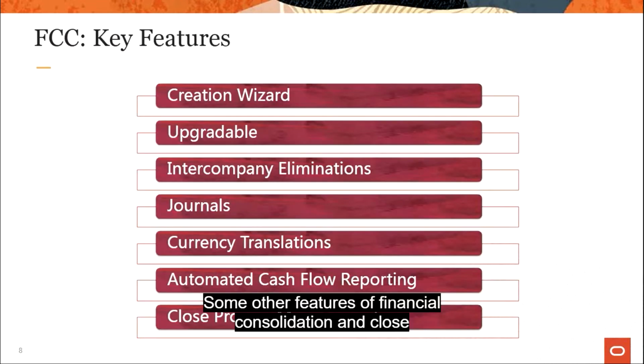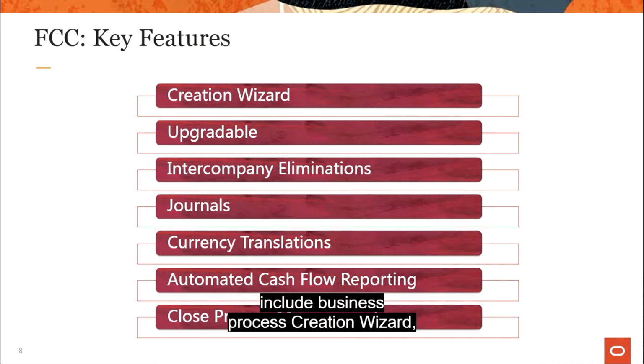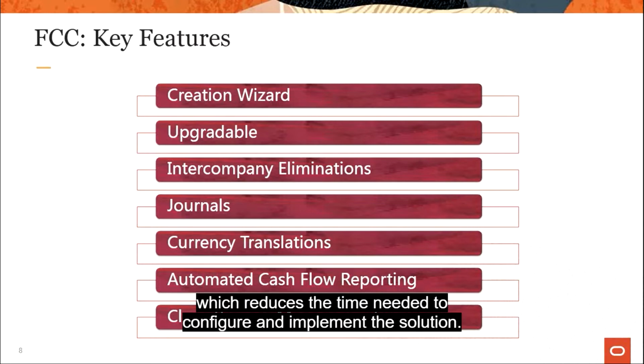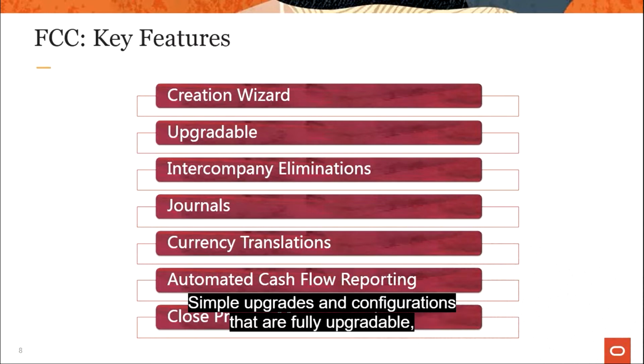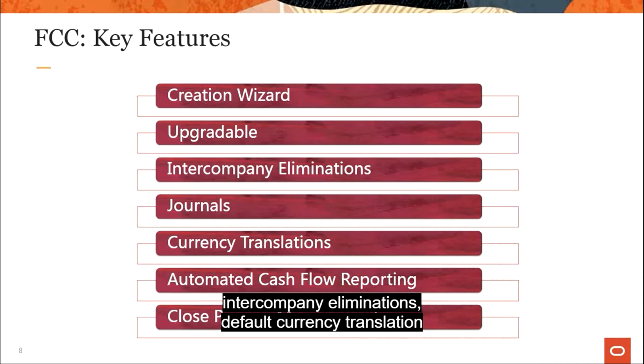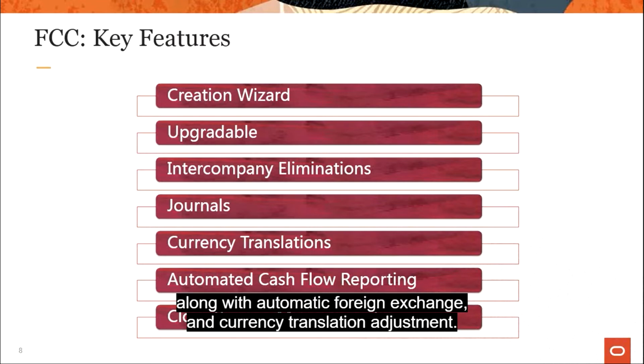Some other features of financial consolidation and close include the Business Process Creation Wizard, which reduces the time needed to configure and implement the solution. Simple upgrades and configurations that are fully upgradable. Intercompany eliminations. Default currency translation along with automatic foreign exchange and currency translation adjustment.